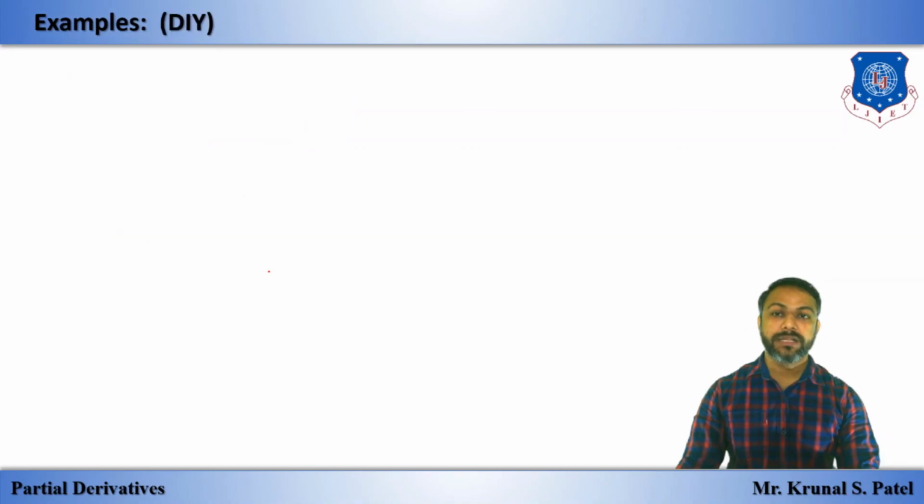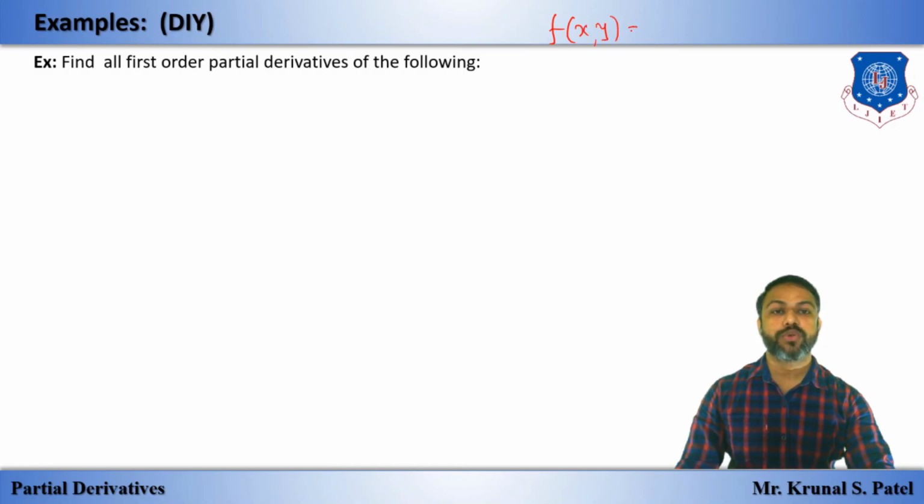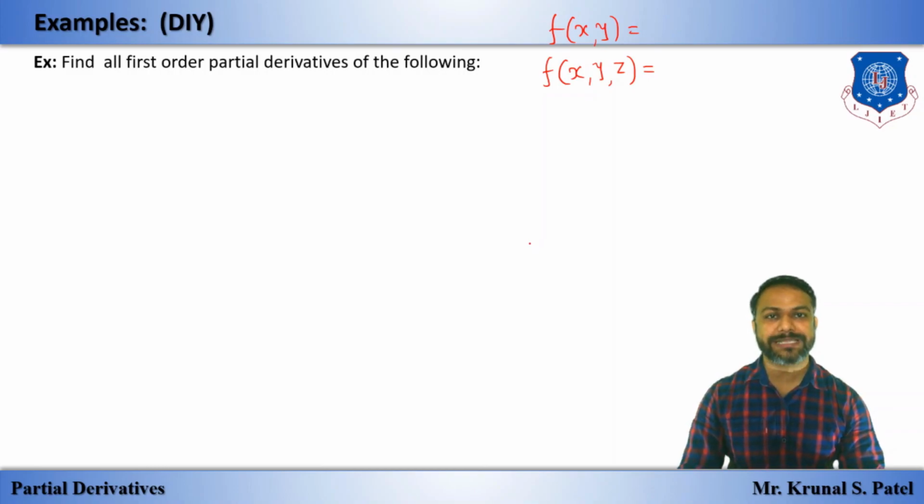So with three independent variables we can also differentiate partially with respect to x, with respect to y, and with respect to z. These are some DIY, that means do it yourself, practice examples. We have to find all first order partial derivatives. If the function has two variables x and y, you have to differentiate with respect to x and with respect to y, and if the function is given with three independent variables x, y and z, you have to differentiate with respect to x as well as y and as well as z.